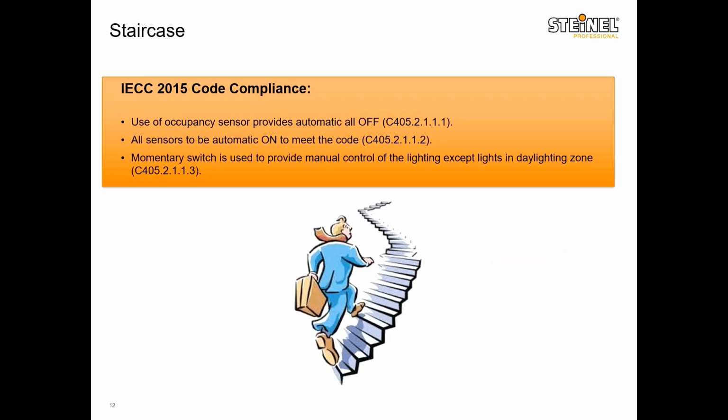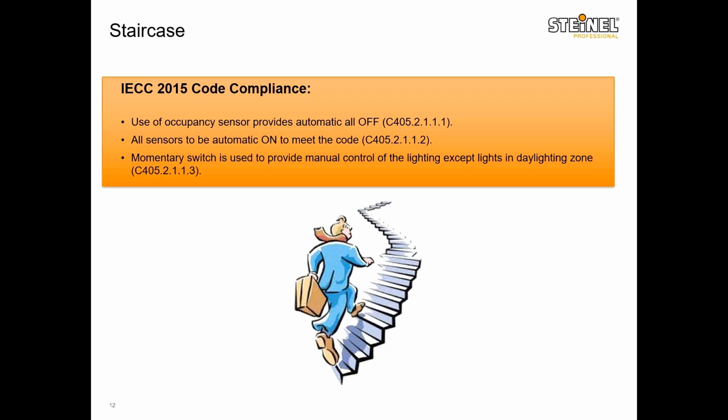Another important part of the self-storage center is that you have multiple levels, and so you will have staircases. Staircases follow the same requirement as hallways, so you need to have a sensor to automatically turn the lights off.